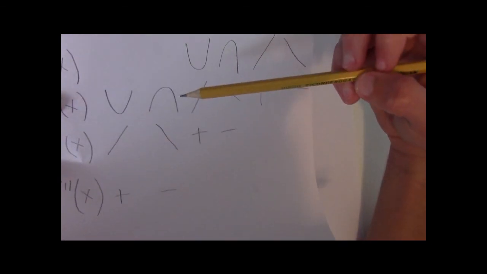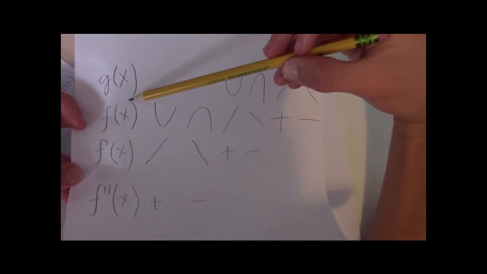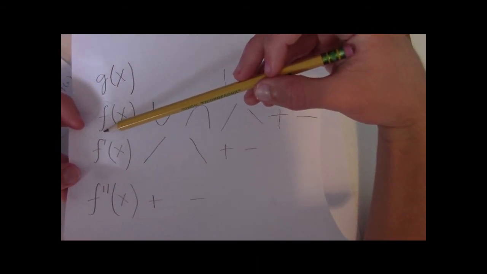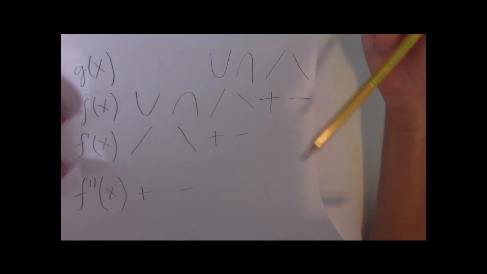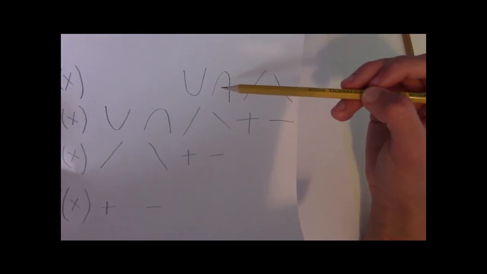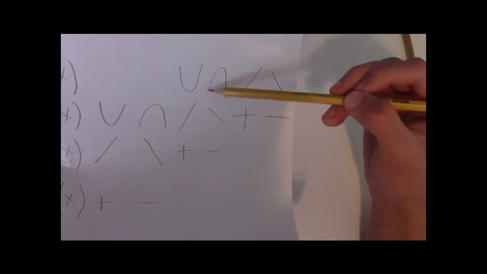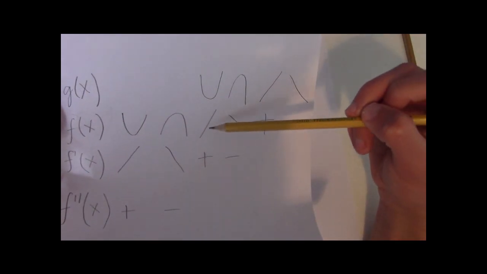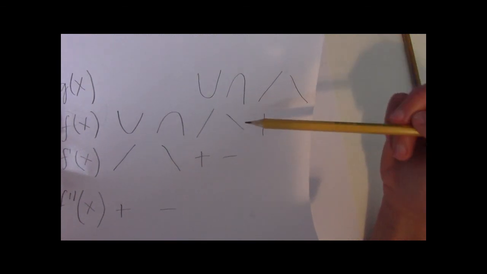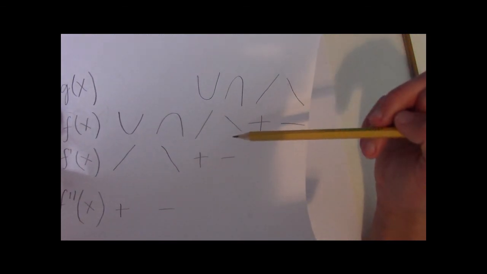So we're going to look at what that entails for the graph of f of x, since that's what we're given. So when g changes its concavity, we know that f of x is going to change from increasing to decreasing, or vice versa.